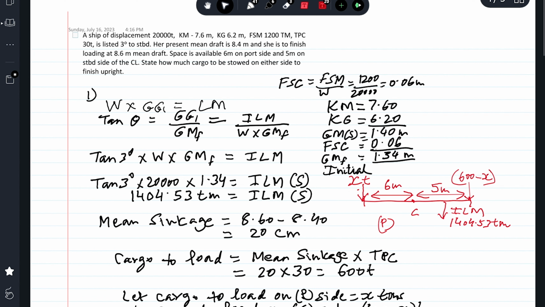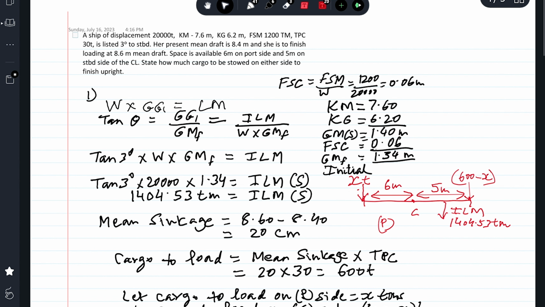Okay. So the ship is already listed to starboard. There is an initial listing moment which we must first consider. What is that moment which is already listing the ship to starboard? You know the formula tan theta is GG1 upon GM fluid. So this is now focusing on the initial condition, not the final condition.